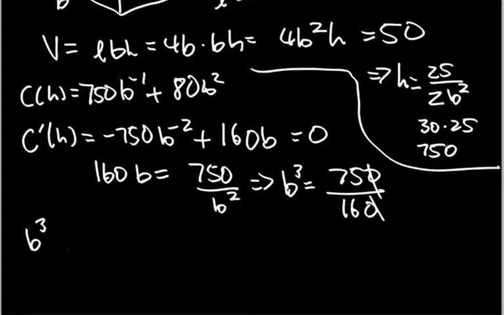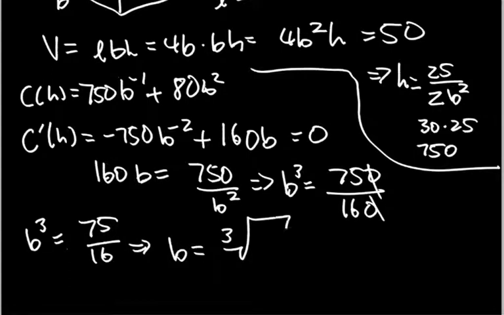Okay, so b cubed equals 75 over 16. So b equals the cube root of that. I really should have tried this before I did this, but oh well. So we got that. Now we have to find all the other dimensions.